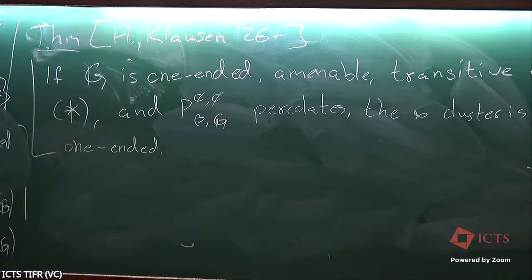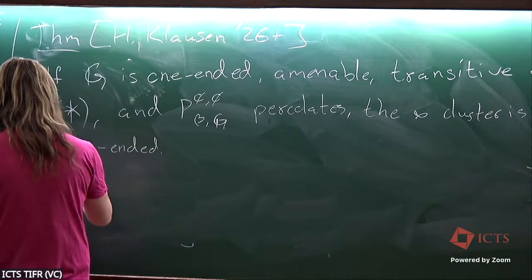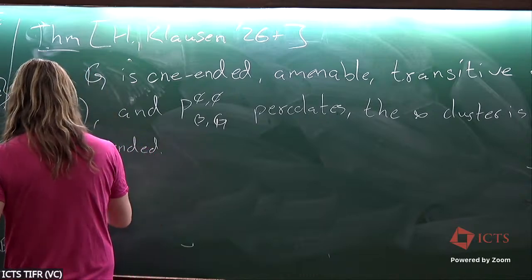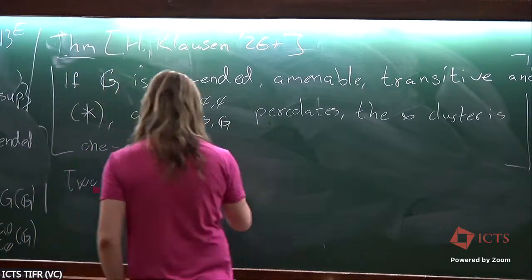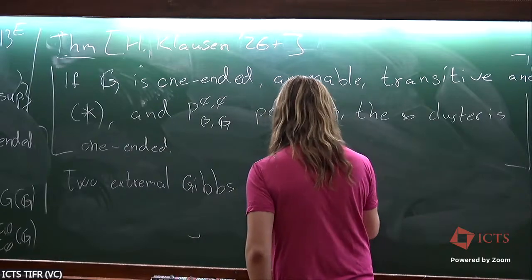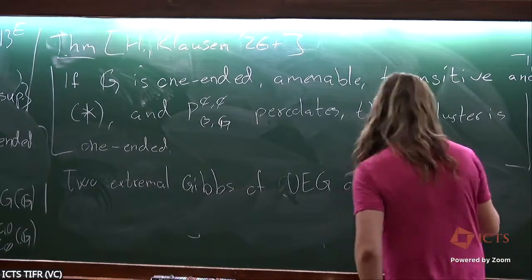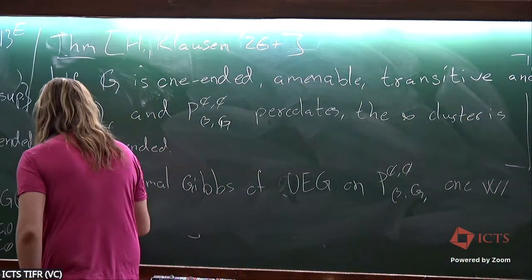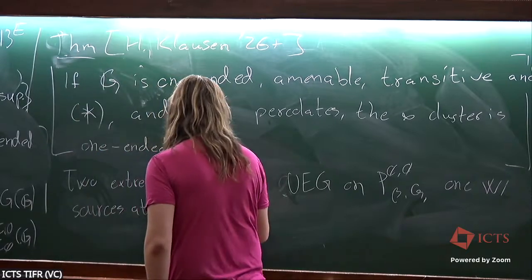And what I am going to argue to you is that this identity, right, so two extremal Gibbs measures of the UEG on the current, one, so to speak, with sources at infinity and one without.